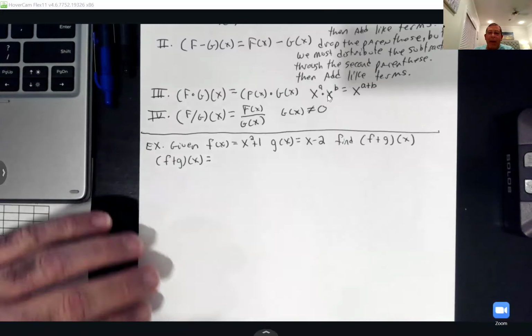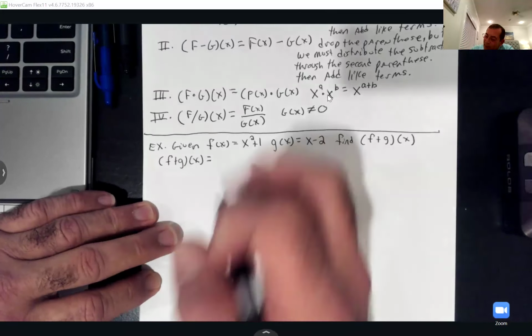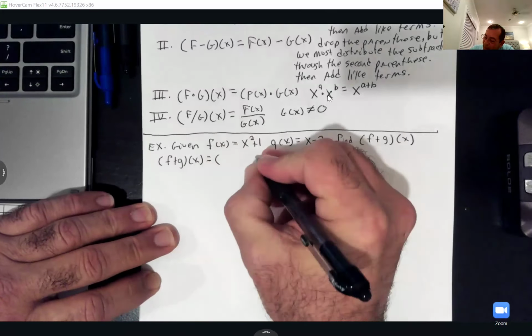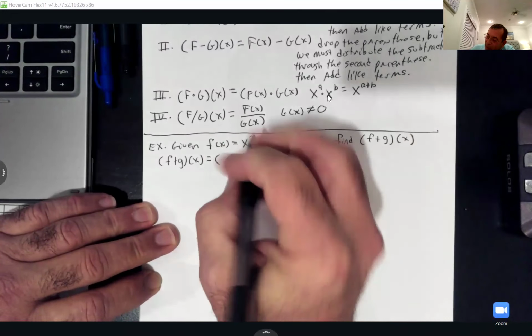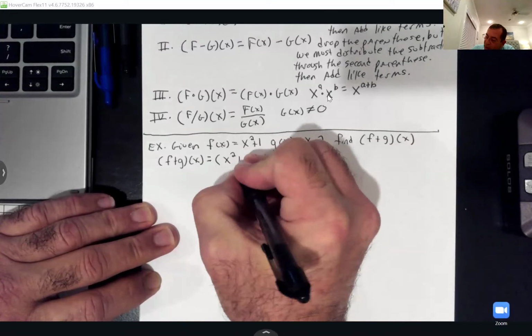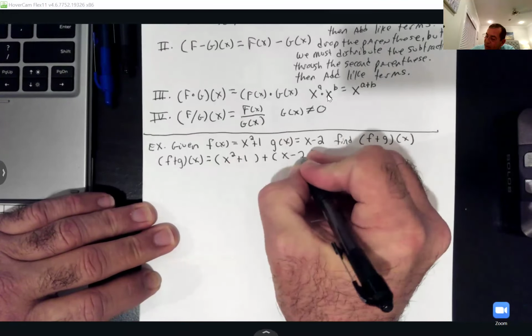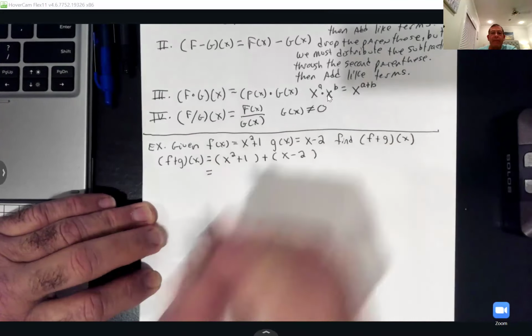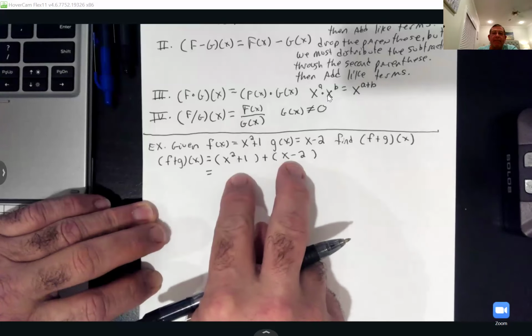All right, y'all. So we was about to add two functions. So f plus g of x will be my f plus my g function. So for f, I'll put in my x squared plus 1. g of x was x minus 2. So basically, all we're going to do is work the right side, okay?